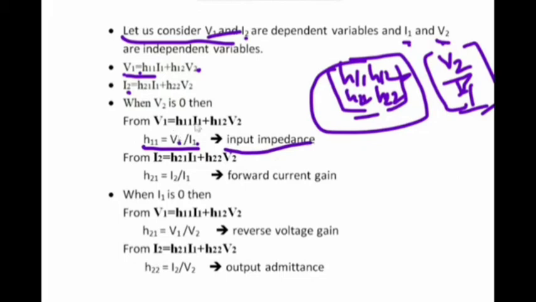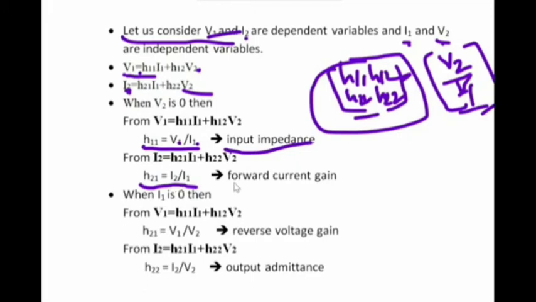From the other equation, that is about I2, if we have to calculate H21, then with V2 as 0, the H21 value will be I2 by I1. This is in the form of output current by input current.